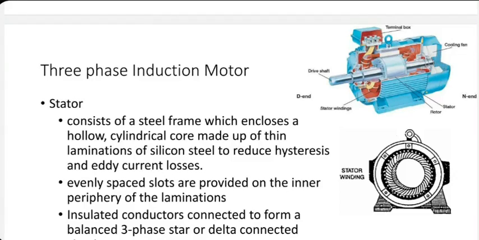Silicon steel has lower hysteresis loss. Laminations make the eddy current loss lower. This is similar to what we saw in transformers. Slots are there on the stator to put the three-phase winding or single-phase winding. In this particular case, we are talking three-phase, so there will be three-phase windings, which will be either delta or Y. Conductors need to be insulated, of course, so that they are not touching metal anywhere.